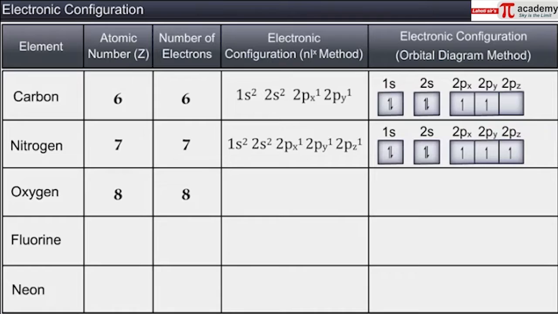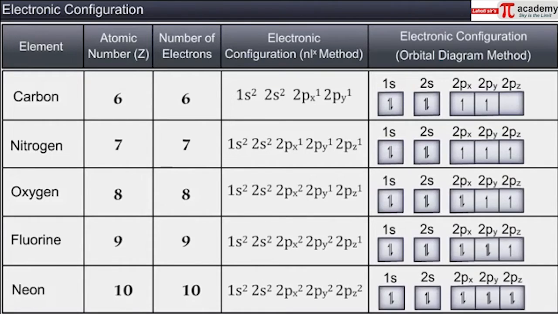Oxygen has 8 electrons. Fluorine has 9 and neon has 10 electrons. In each of these elements, after filling the first 4 electrons in 1s and 2s orbitals, the remaining electrons enter into next higher orbital, 2p, according to Aufbau principle.